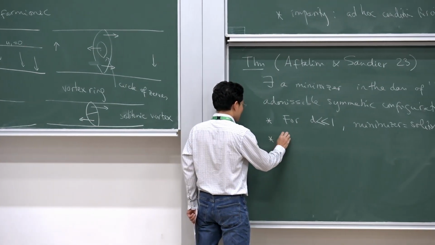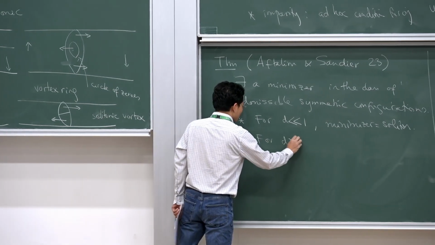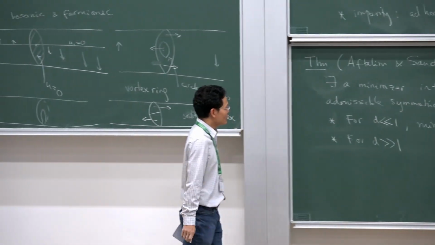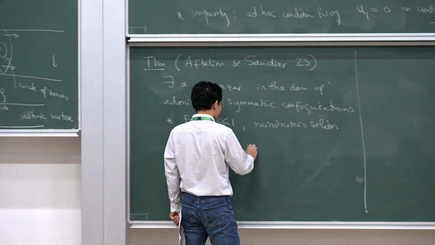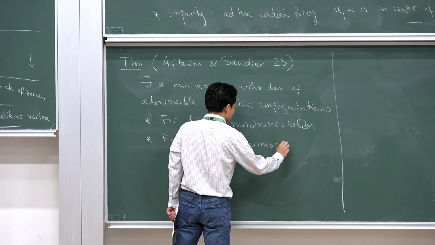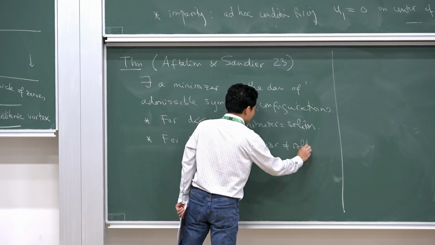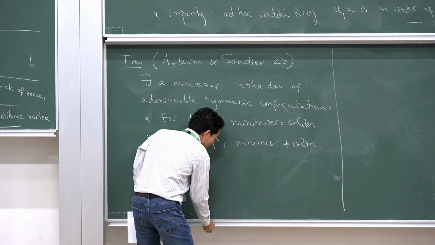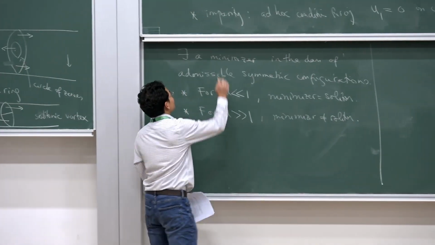And for D very large, the minimizer is something else. It's not the soliton.